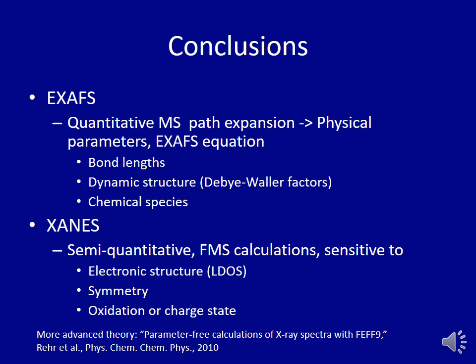XANES, on the other hand, is more of a thumbprinting type of technique. The calculations are semi-quantitative, but you can rule out certain structures by looking at the XANES, for example, or at least you can point towards a more likely structure, and they're sensitive to different things than the XAFS.